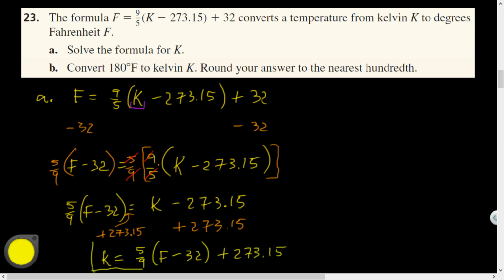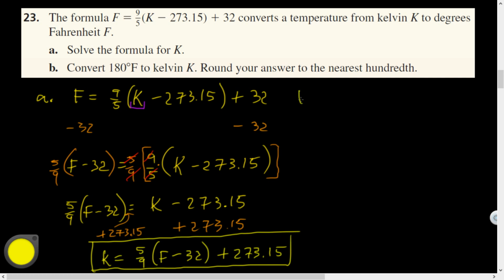And so here is our formula for K. And now the benefit of a formula solved for one of these variables is that I can just plug in a number and get it without having to solve multiple times. If I wanted to create a calculator or a computer program that converted Fahrenheit to Kelvin, I would use this formula to plug in when I know Fahrenheit. I would use this formula to plug in when I know Kelvin. And so I can just do the conversion having done the algebra once.